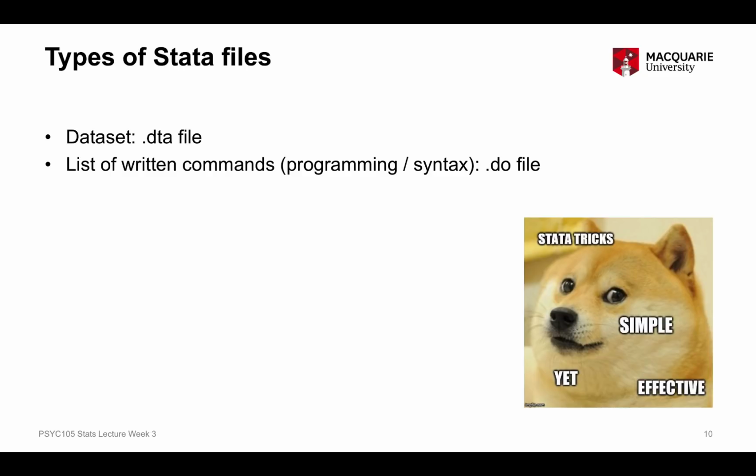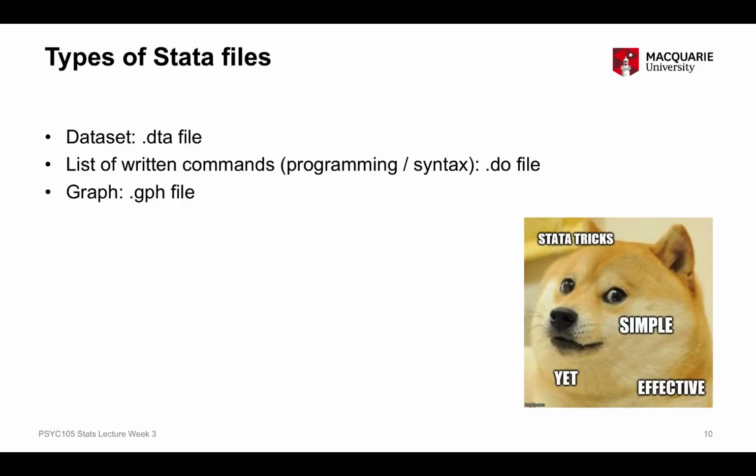You can write commands and then run those commands, or you can use the menu system to call up different kinds of commands. If you're using the written commands, you can combine a whole list of these commands in a particular type of text file, which is called a do file, .do file.